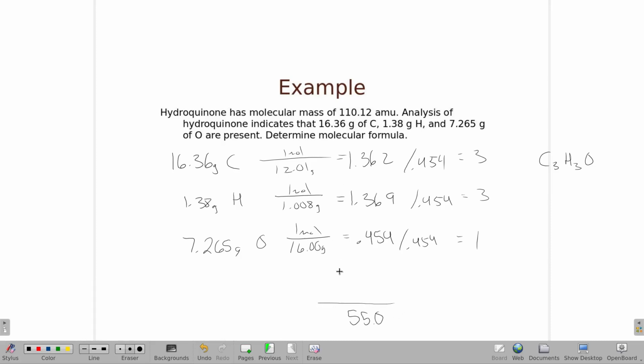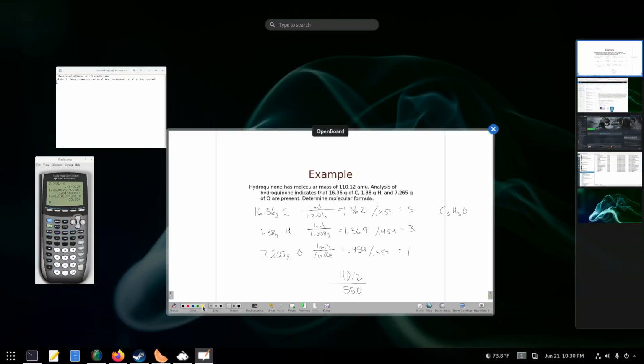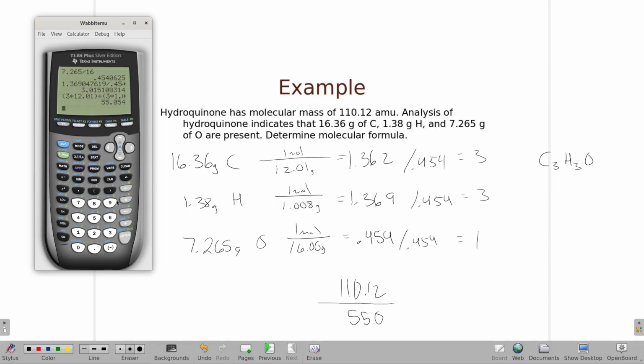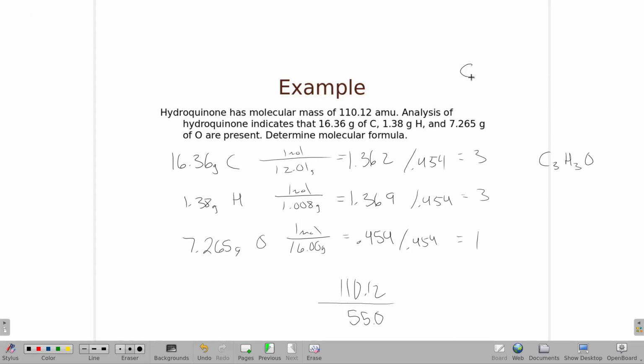And we're going to compare that to the 110.12. And don't really need to do this math. That's 2, but I'm going to type it in anyway. So, hydroquinone actually has a molecular formula of C6H6O2. Just double everything.